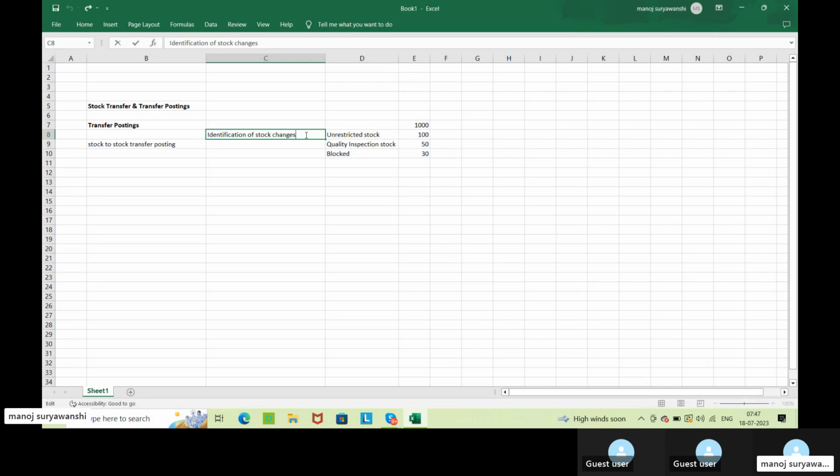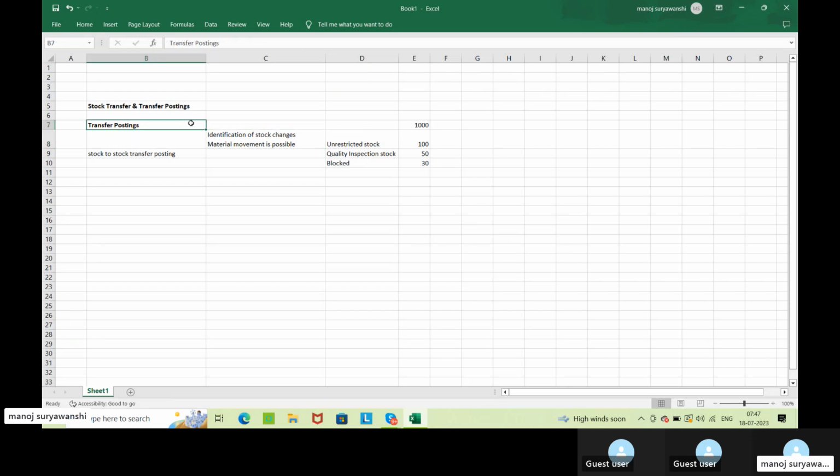And the second thing that happens is material movement is possible, not mandatory, but it can happen. So physical material movement is possible, but not mandatory. So in transfer postings, basically the identification of the stock changes.